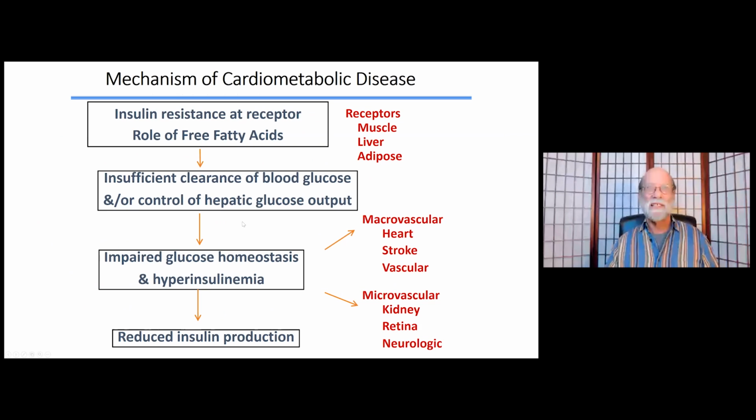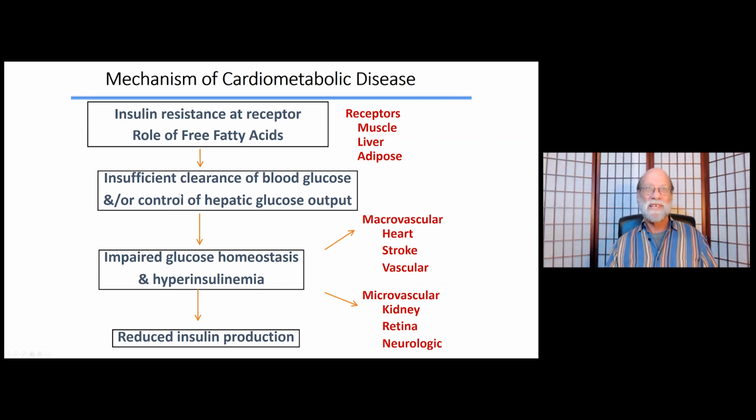And just to talk a little bit more about kind of cardiometabolic disease, the idea is that insulin resistance is occurring at receptors in the body, receptors that are in muscle, liver, and in fat tissue, adipose tissue.